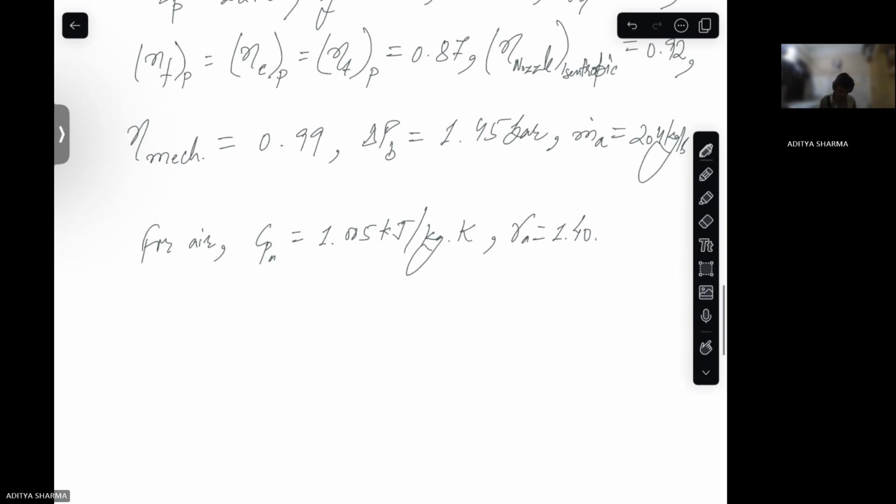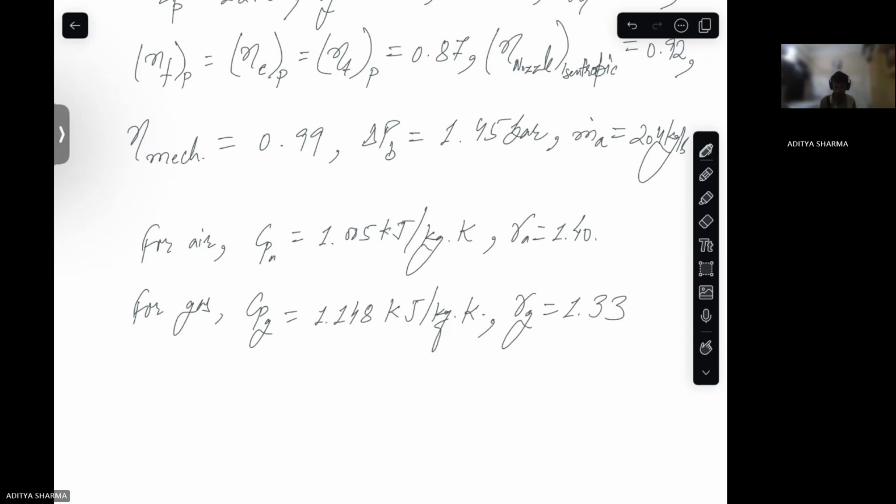Okay, for gas, CPG is 1.148 kilojoule per kg Kelvin. Gamma is 1.3. So this is given to us. Then we will solve the questions.